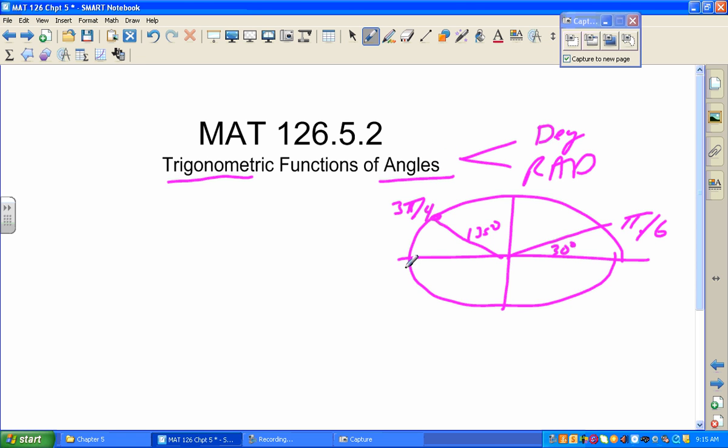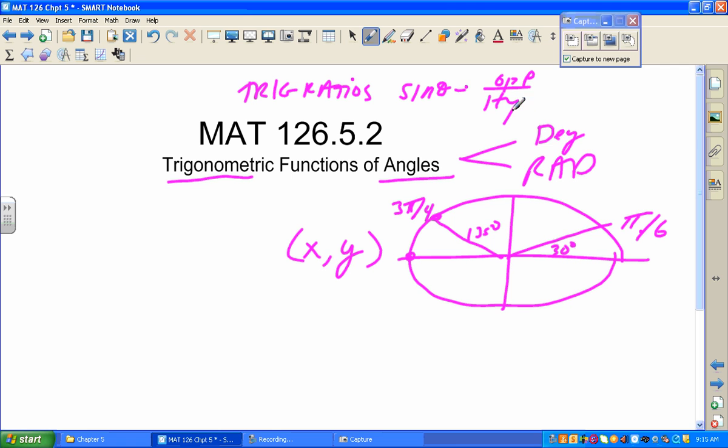The trigonometric part is when you have a point on the unit circle, the x-coordinate and the y-coordinate represent trig ratios. I don't know, do you remember your trig ratios? The trig ratios, 3 of them are the sine of theta equals the opposite over the hypotenuse. Okay, do you remember that?